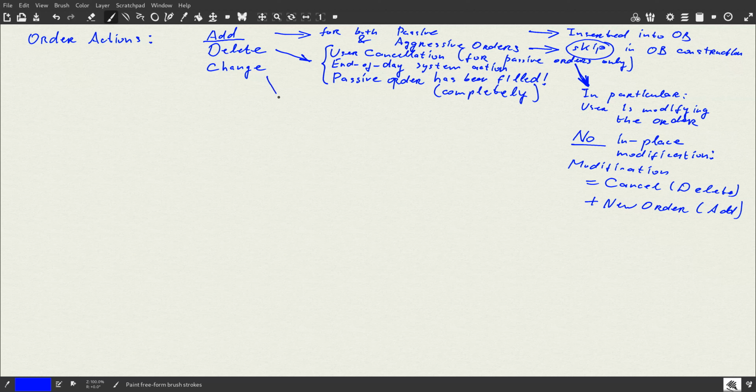And finally, change. What is change? What do you think? We already said that there is no in-place order modification. If there is a change, then there is only one case actually when change can occur. What is it? What do you think? Change is a part fill.